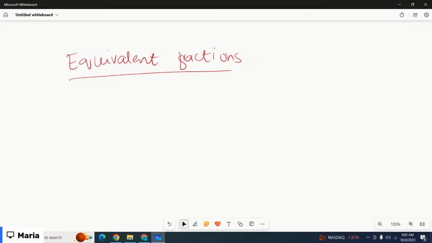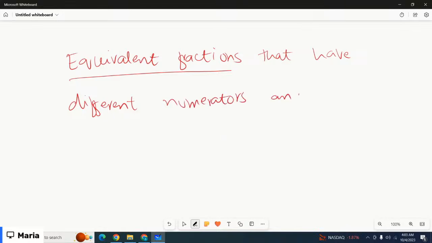Equivalent fractions are fractions that have different numerators and denominators but are equal to the same value.